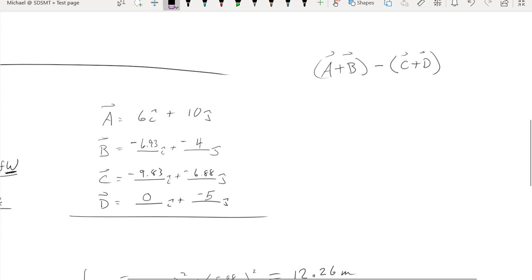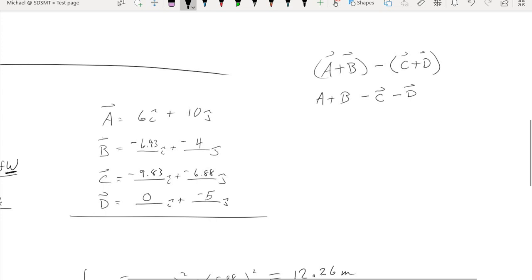Instead of following the order of operations, what if we removed those parentheses? A plus B inside the parentheses is still just A plus B. But then if you subtract the quantity C plus D, isn't that really just the same as subtracting C and subtracting D?